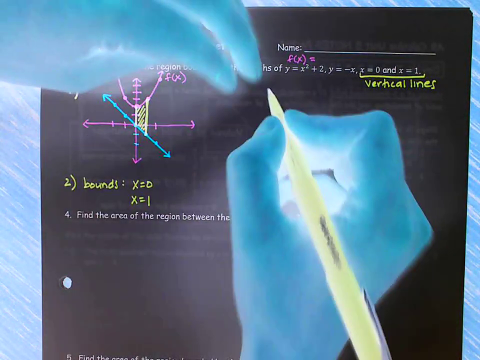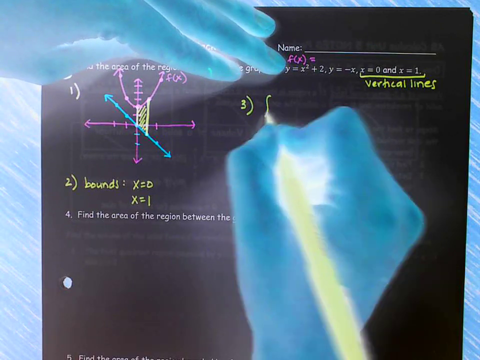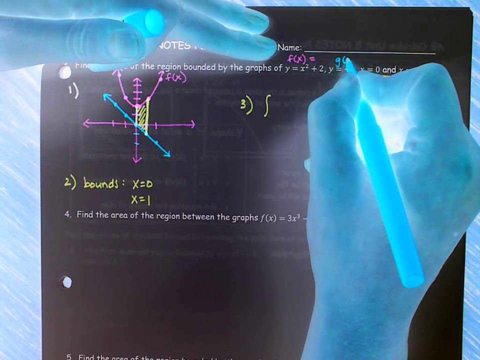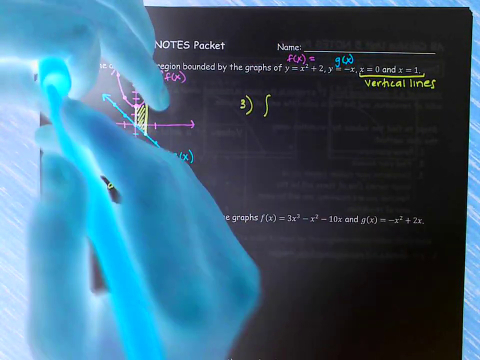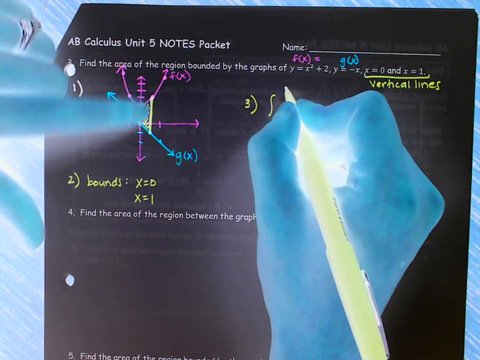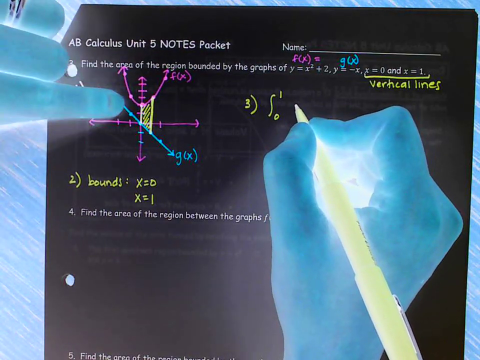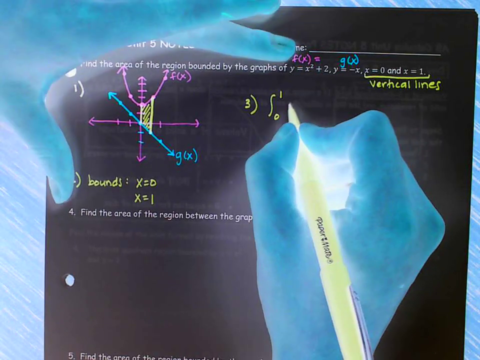So now I can jump into integrating. I want to find the area between f of x, and earlier I said I was going to label these, so I'm going to call g of x this second one. So I want the bounds from 0 until 1, of the upper curve. Well, f of x is my upper curve for this section that I care about, and it looks like it would be all the time, which is x squared plus 2.